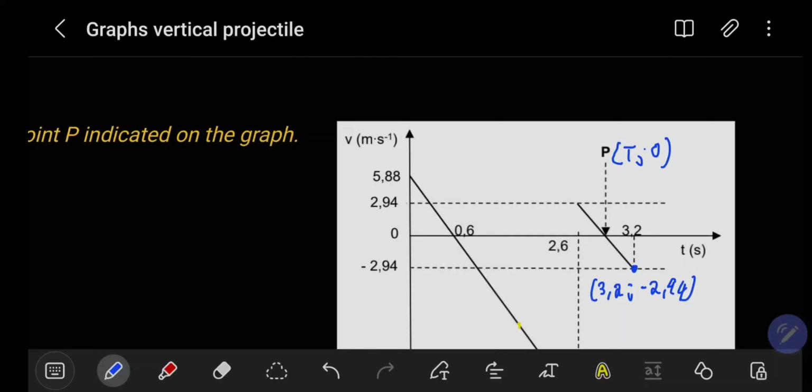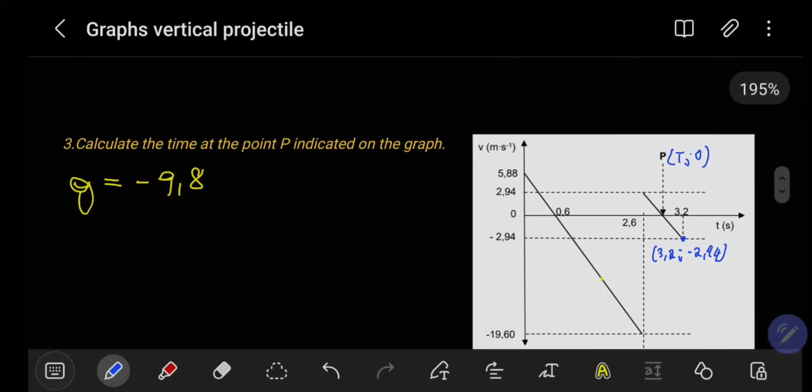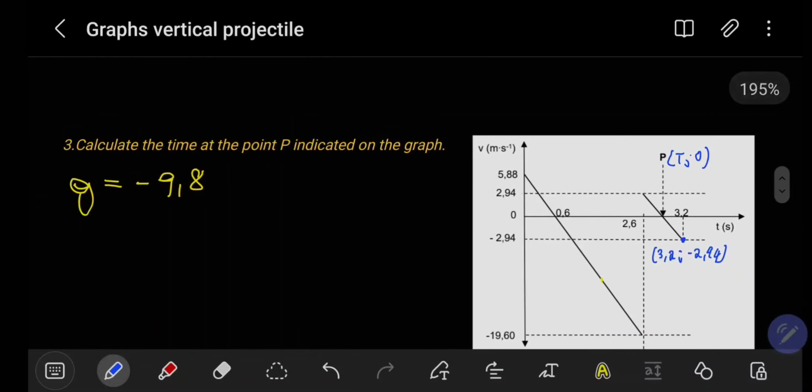So these are the coordinates. We know the gradient of this line is the gravitational acceleration, and then we have the coordinates. Then we can find the value of P, or the time at point P.